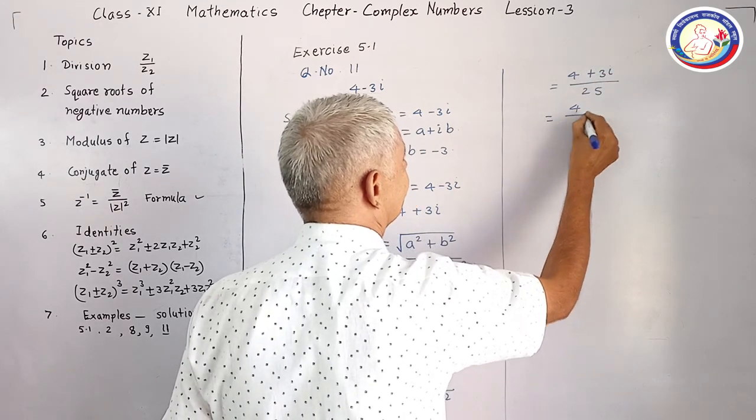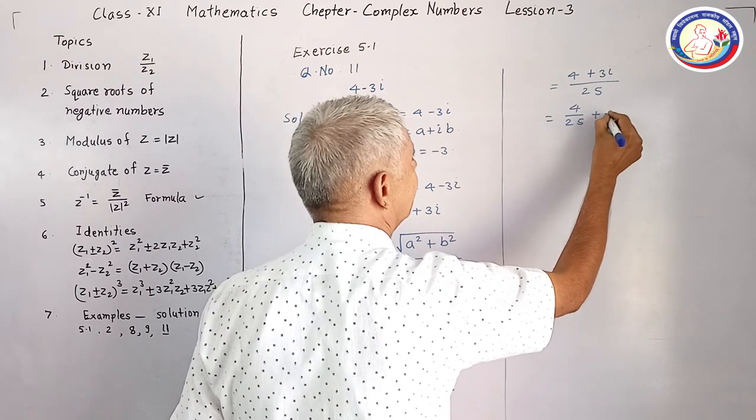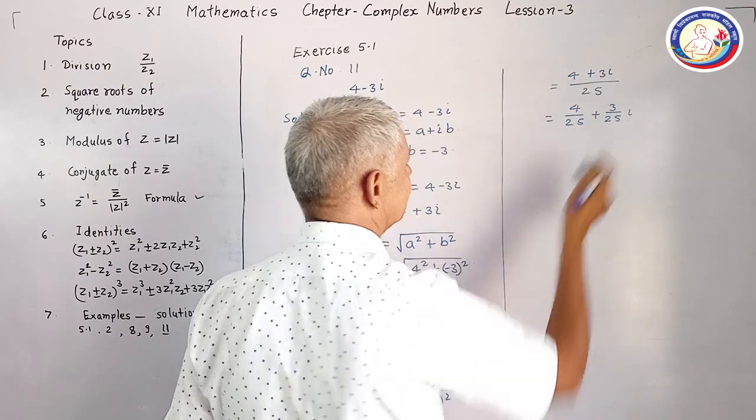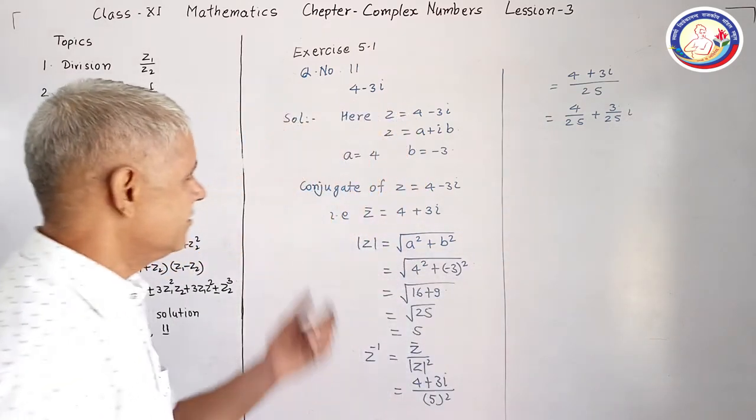So it is 4 upon 25 real part and the imaginary part is 3 by 25 ι. This is the required answer.